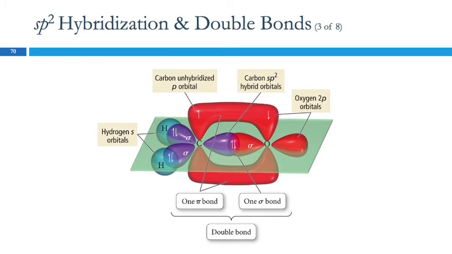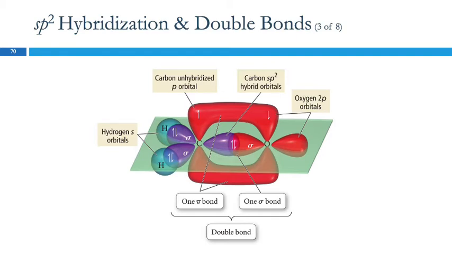And so the way these guys are going to overlap is they're going to overlap sideways. It's not as good. These guys are end to end. They overlap really nicely. These both have to sort of bend over towards the other one to overlap. So this kind of bond where you have an end-to-end overlap of orbitals is called a sigma bond.